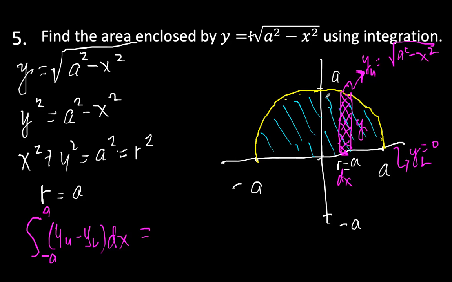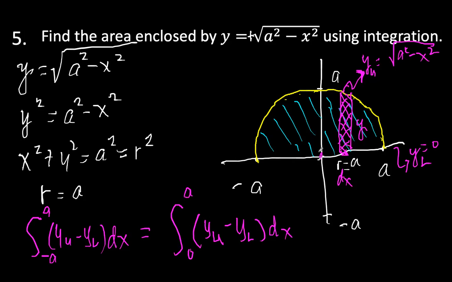Since we're talking about a circle or a semicircle here centered at the origin, we know that the left and the right parts are symmetrical, which means they have the same area. And this implies that we can find the area of the shaded region by getting the integral of the upper minus the lower with respect to x from 0 to a.